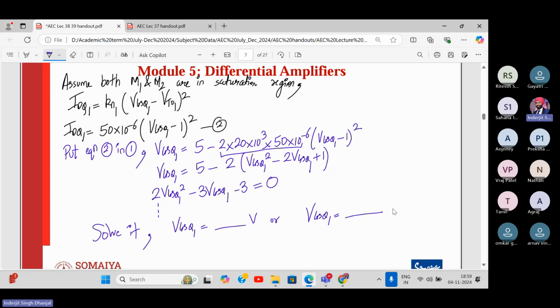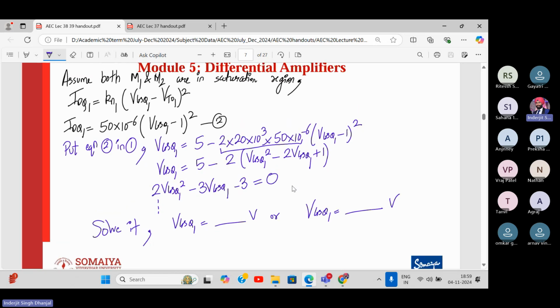So tell me these two values. Yes, what are its values? Solve it by quadratic equation. How much is VGSQ1?